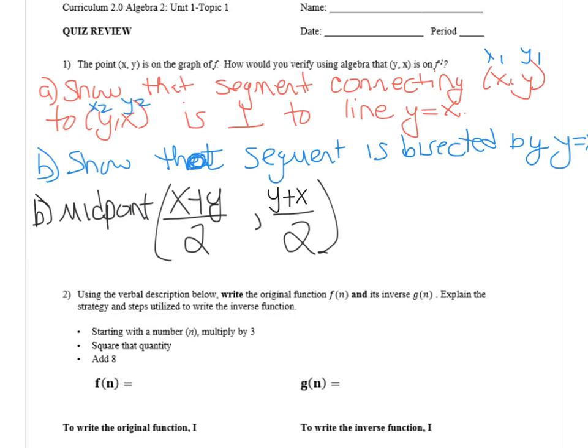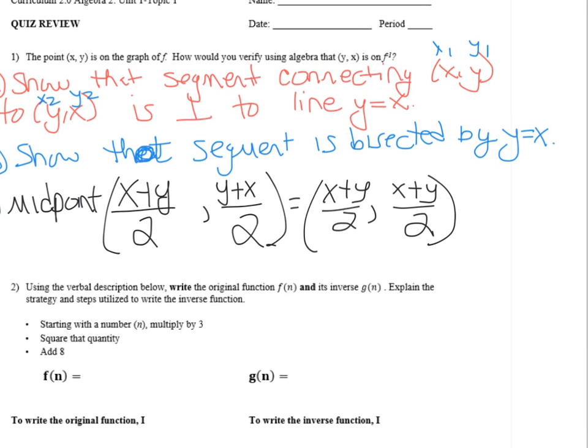Well, I notice that if I write them in the same order, because y plus x is the same thing as x plus y, both my coordinates are the same. So because the x and the y coordinate are the same, that means the midpoint is on the line y equals x. Because the midpoint's on the line y equals x, that means that line is in the middle and it bisects your segment.